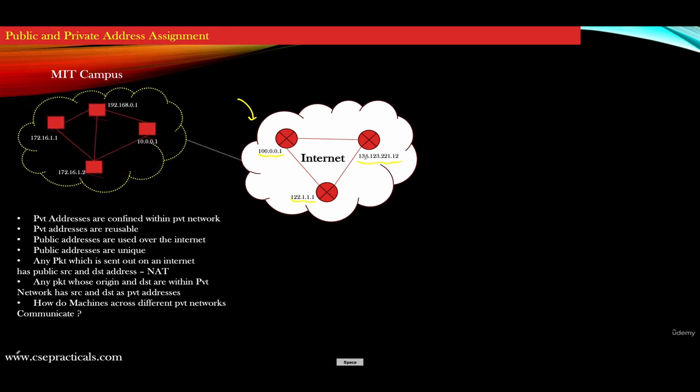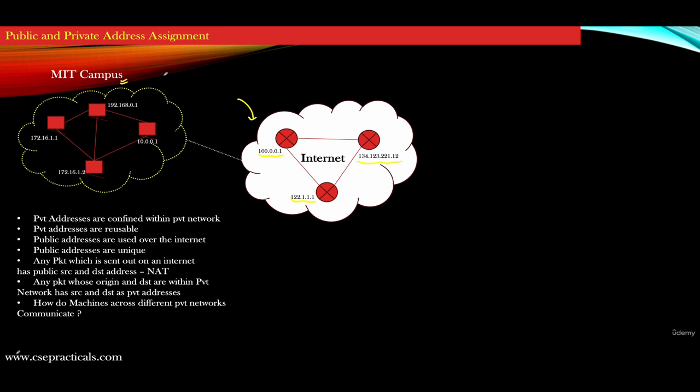Now, how do private networks come into the picture? For an example, I have taken the private network of the Massachusetts Institute of Technology campus. The private network itself could be a big and complicated network which may contain privately owned network equipment such as routers and switches and hundreds of thousands of machines.